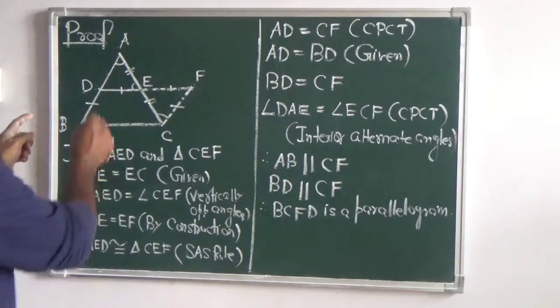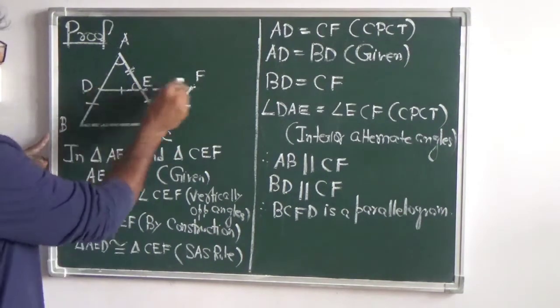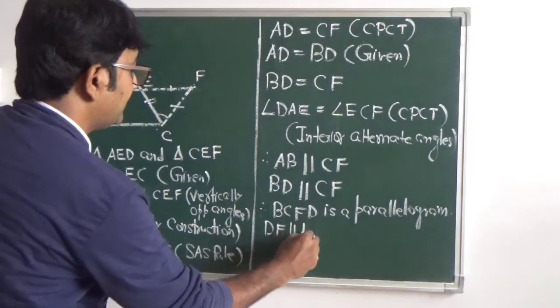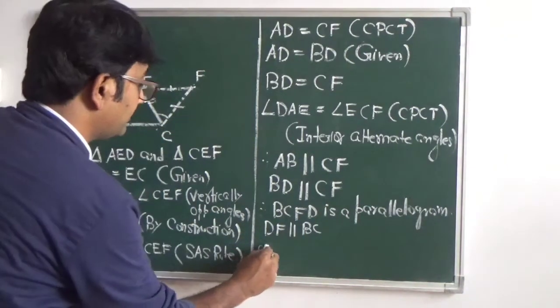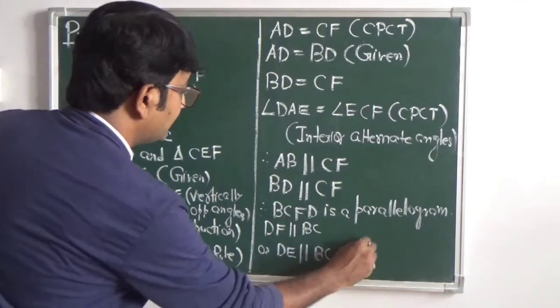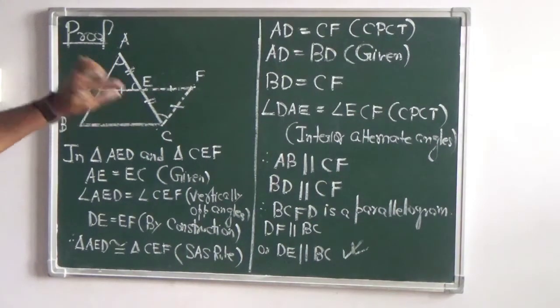So if BCFD is a parallelogram, then DF is parallel to BC, or you can say DE is parallel to BC. So the first part is proved: DE is parallel to BC.